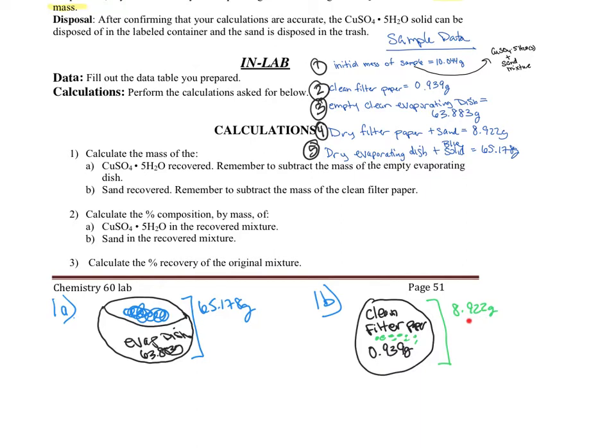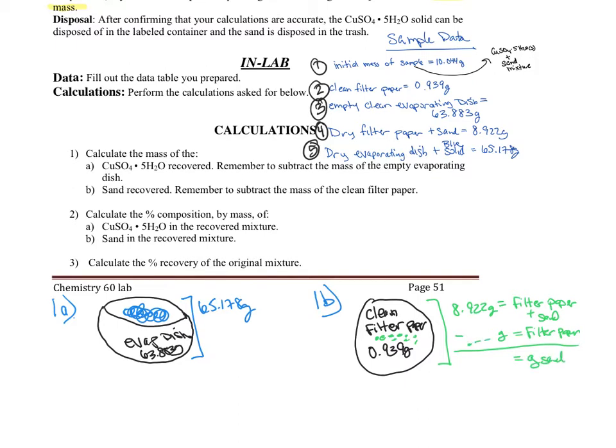Well, if this is the mass of the filter paper plus the sand, how do we get the mass of just the sand? Well, we need to subtract the mass of the filter paper. And we end up with the mass of the sand.